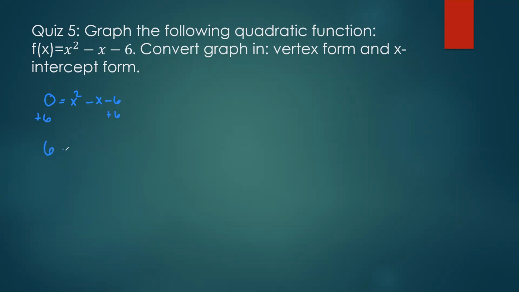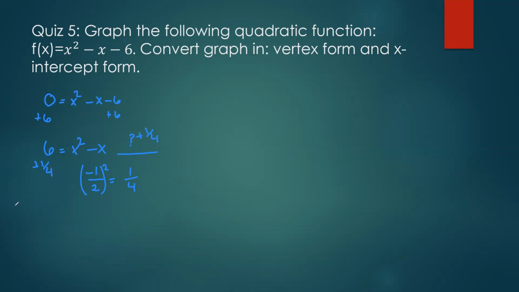So you get 6 = x² - x, plus a space. And what do we put in this space? You take half of b. So if our b is -1, take half of that and then square it. So that would be 1/4. Right? So you add 1/4 here and you add 1/4 there.